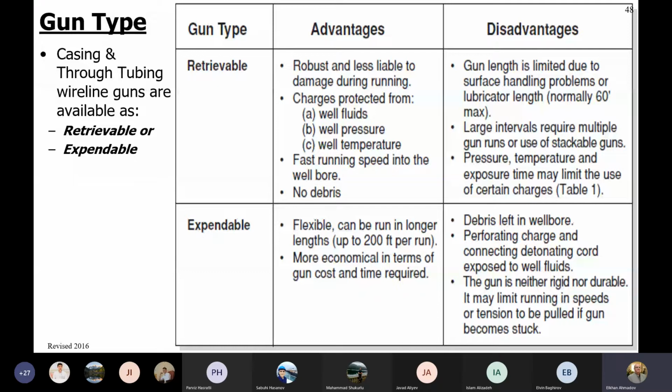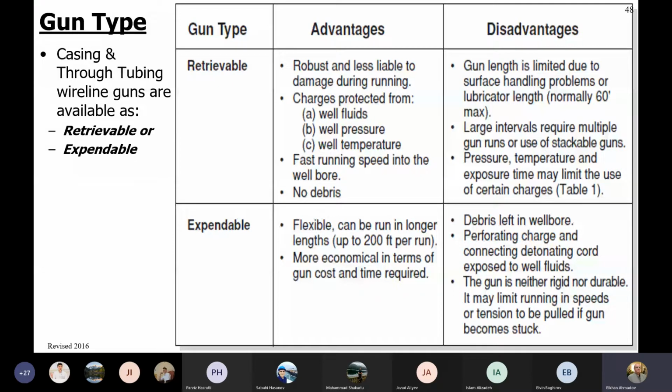So this metal case, when it's under high temperature, will get heated, and if the exposure time exceeds the time allowed for the certain explosive charge, the charge may get degraded.